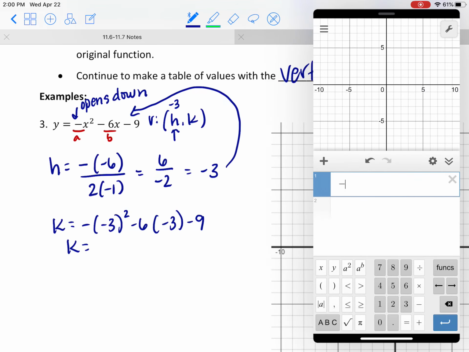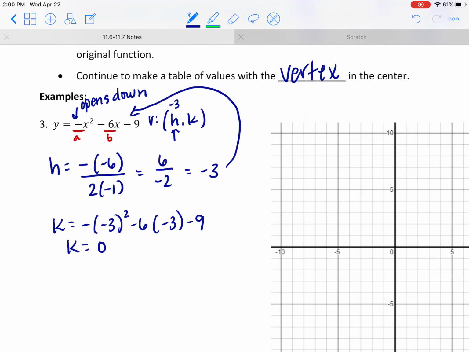I'm going to plug in -(-3) squared minus 6 times -3 and then minus 9. Feel free to use your calculator, just so you don't make little mistakes like I tend to do. And we end up with 0.